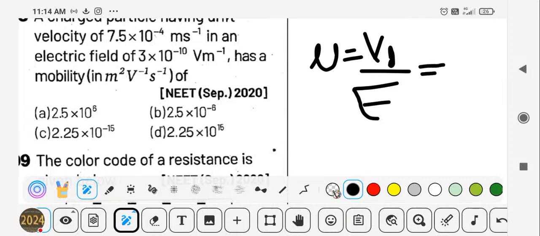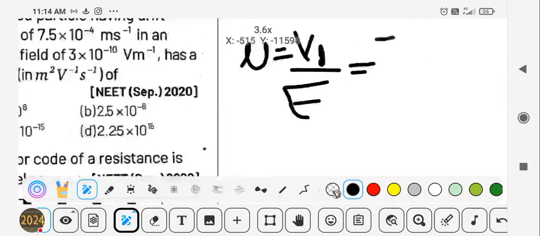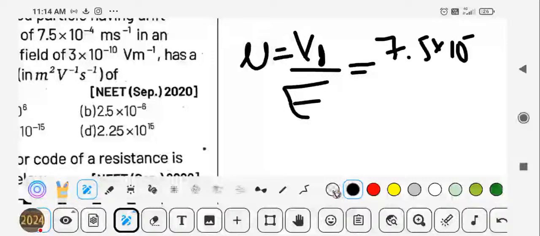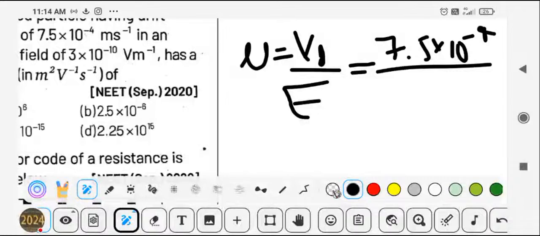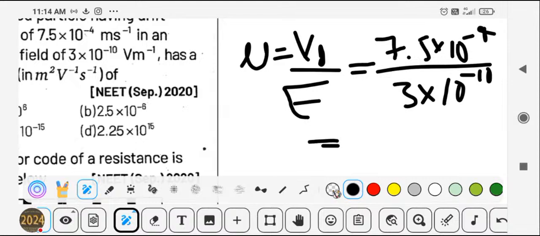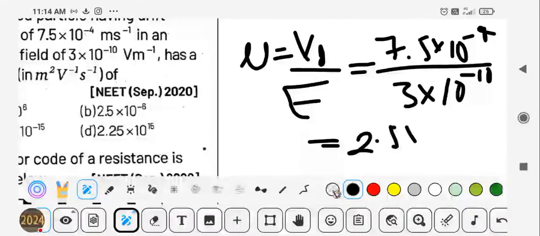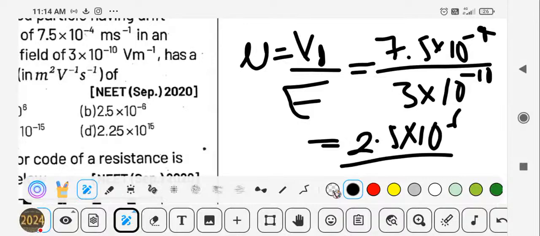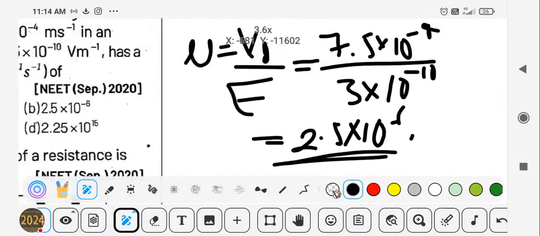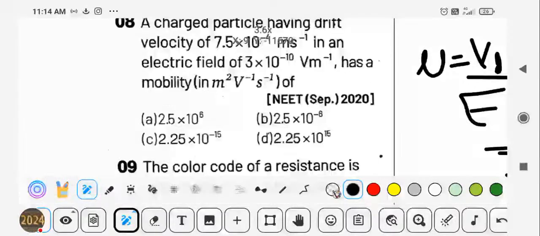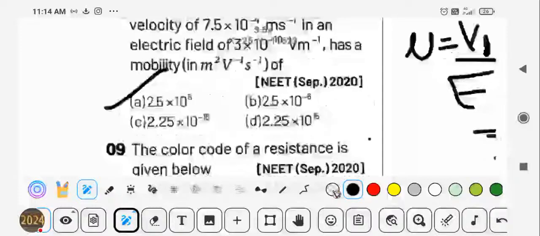The value given is 7.5 into 10 power minus 4 divided by 3 into 10 power minus 10. So the answer will be 2.5 into 10 power 6, right? And the units are meter square per volt per second. So the matching option here is option A.